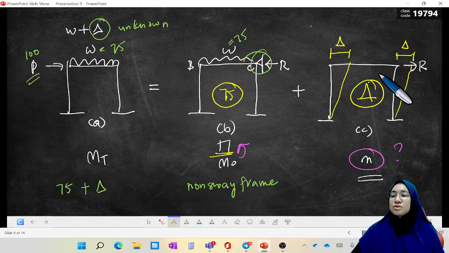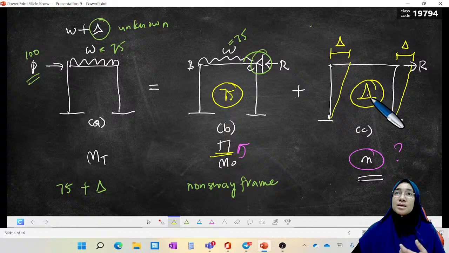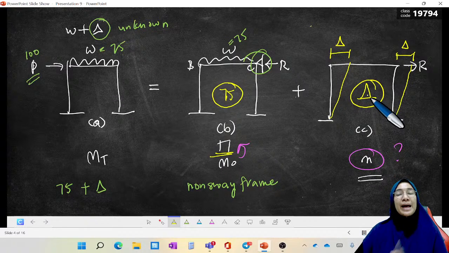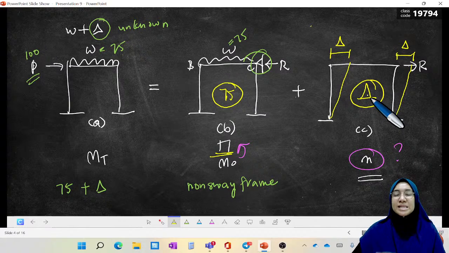Okay, delta. This delta will produce the end moment, the member end moment in the frame. But remember, we do not know the delta value.